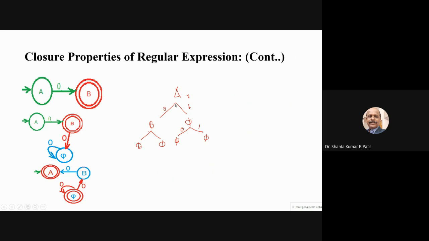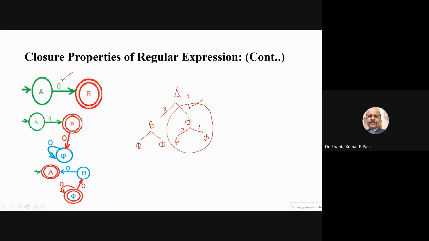If you want, you can mark A on 1 to pi, or otherwise you can keep it, because we do not have the symbol 1 in the given regular expression.